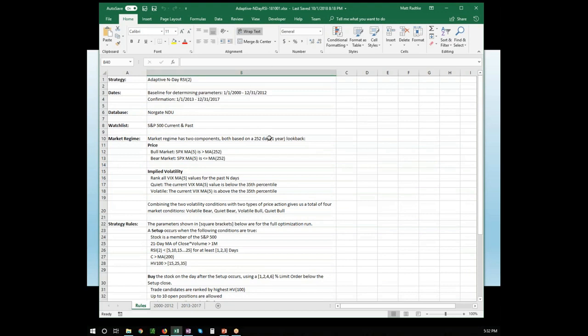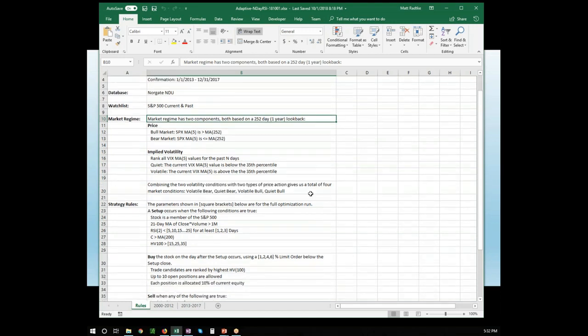So this is kind of standard format for me in terms of defining strategy rules. So just a little bit of information at the top in terms of the strategy name and what data set we're using and watch lists and things like that. But starting on line 10, we'll see our market regime rules. So as I mentioned earlier, we have 2 different price regimes and 2 different volatility regimes.